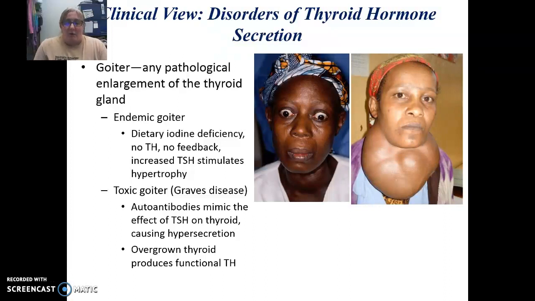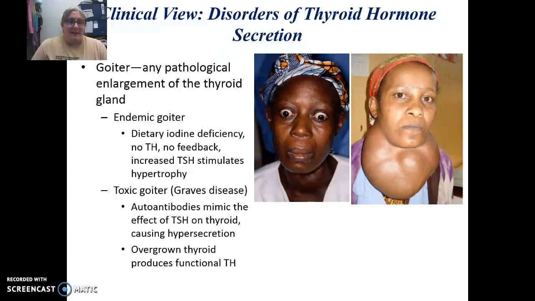Toxic goiter, or Graves' disease, which is what we see here in this female, is associated with your immune system attacking itself. So this is a disorder where we have antibodies that attack our thyroid gland.